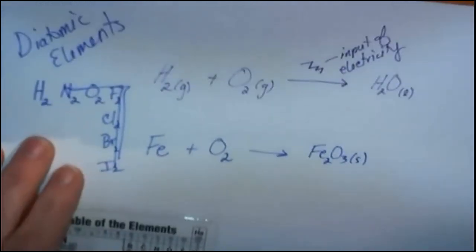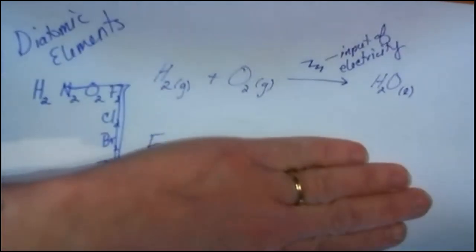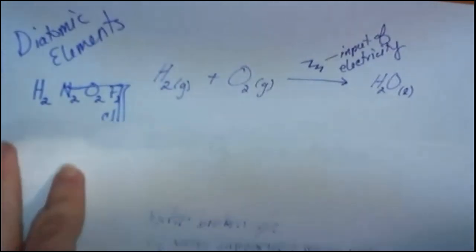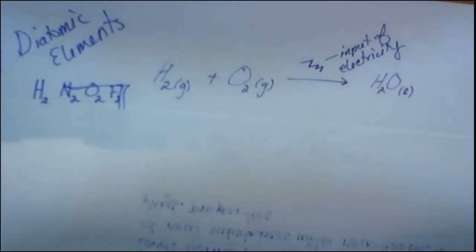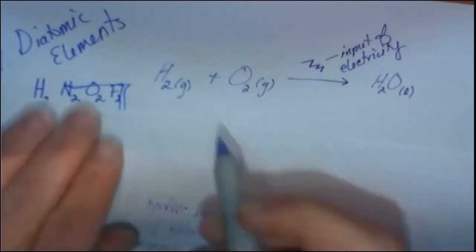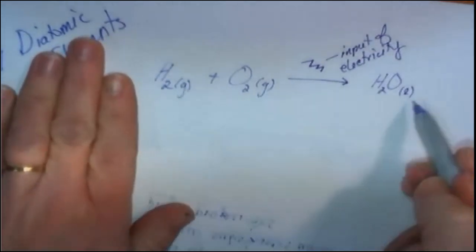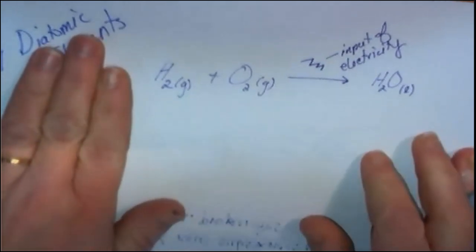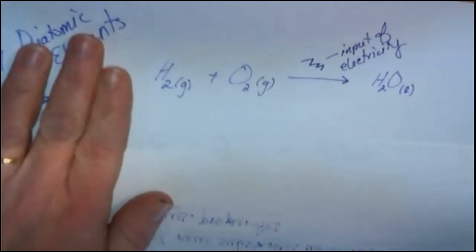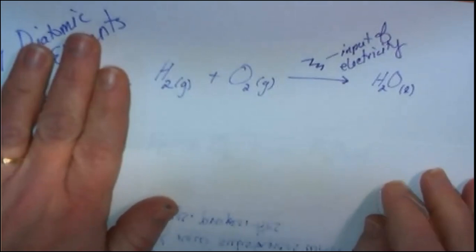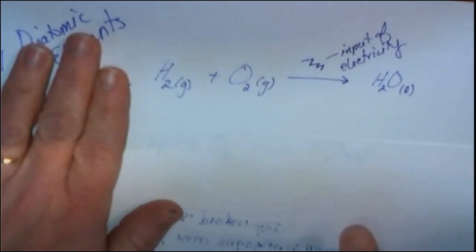Okay. Well, again, back to this reaction. So all of our formulas are fine. And you don't have to come up with these phase symbols yet. So they're fine, I promise. But what isn't fine is this.